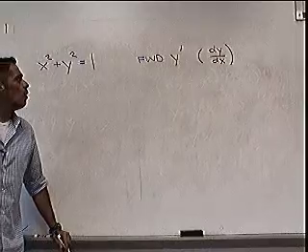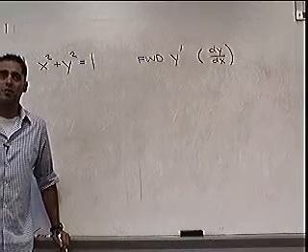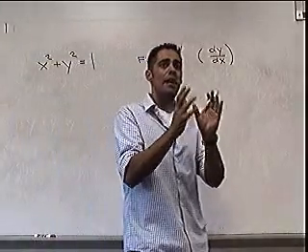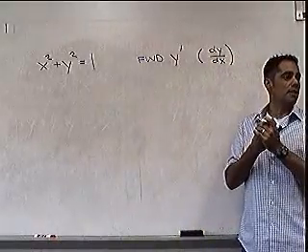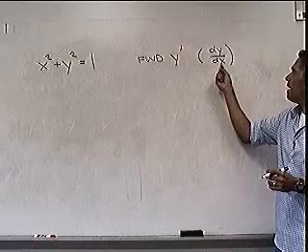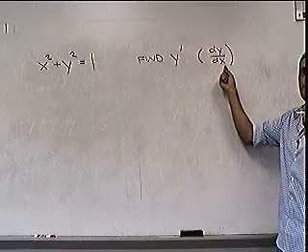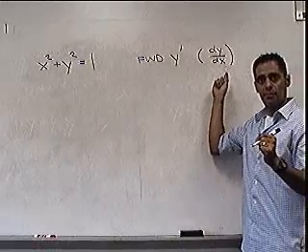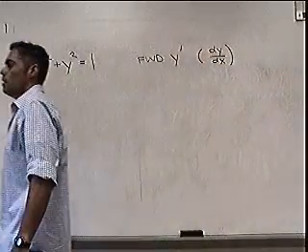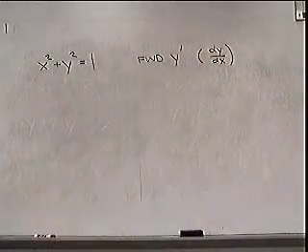I need to tell you what it is I want you to differentiate with respect to. I need to identify what the independent variable is in the problem. And by me writing dy dx, I'm telling you that I'm differentiating with respect to what? x.